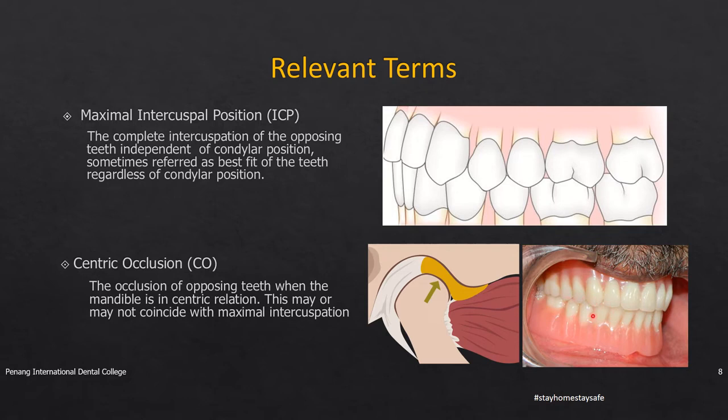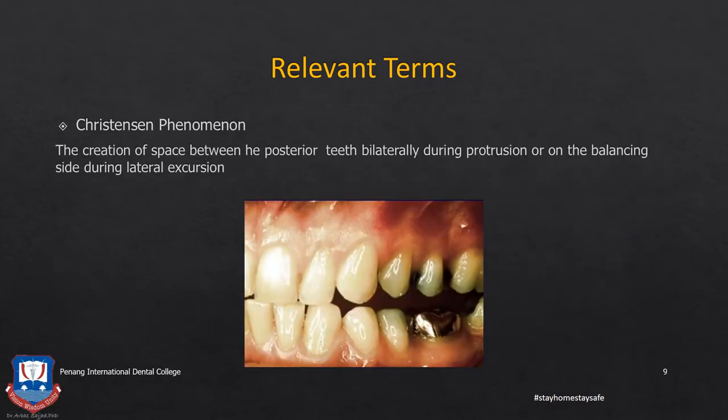So what is centric occlusion? It is the occlusion of the opposing teeth when the mandible is in the centric relationship. Now, other terms like Christensen's phenomenon. What is Christensen's phenomenon? It is the creation of space between the posterior teeth bilaterally during protrusion or during laterotrusive excursions.